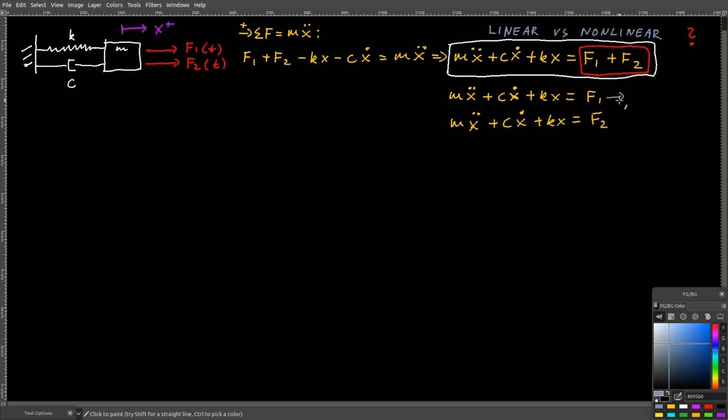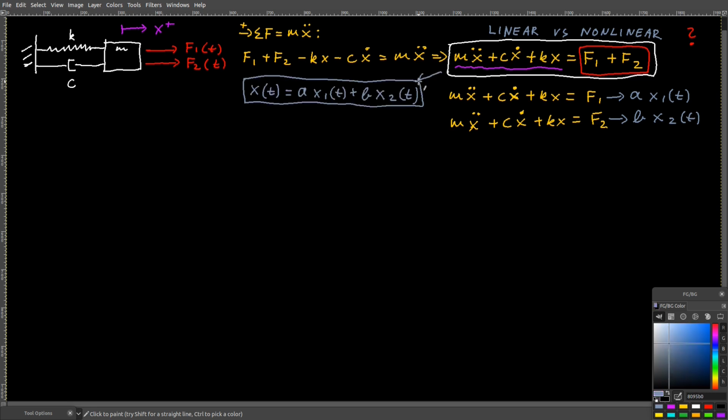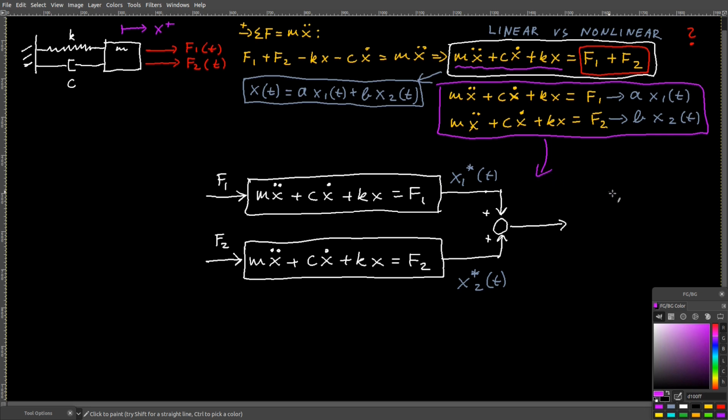If the solution for this case is this one, and the solution for this case is this one, where A and B are some constants, then the ODE is linear if the solution for this case, where I first add up the input forces and then apply it to the ODE, is this one here. In other words, this is this case here.